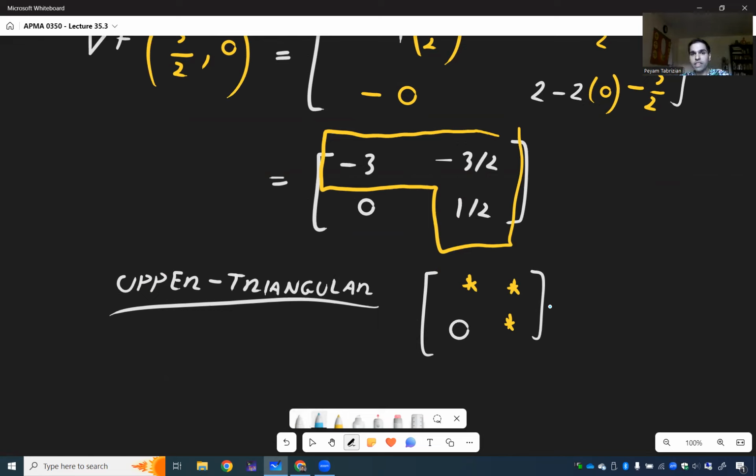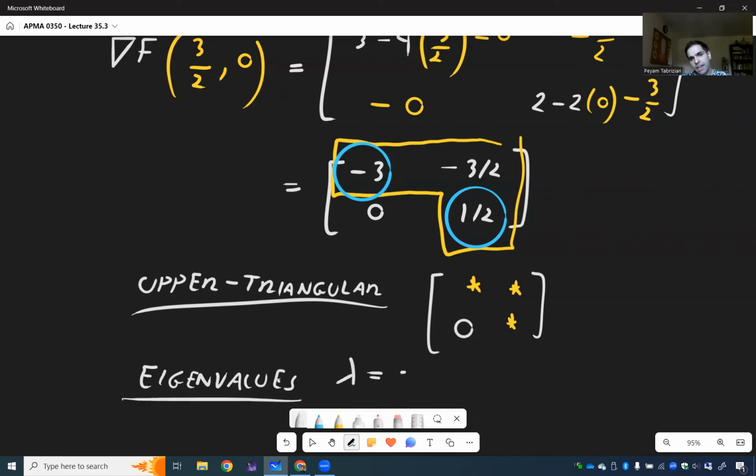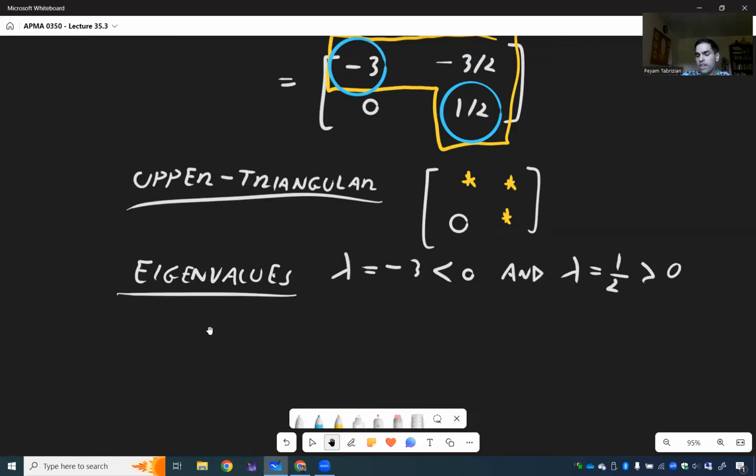And in that case, we can once again read off the eigenvalues. So the eigenvalues are lambda is -3, which is negative, and lambda is 1/2, which is positive. So (3/2, 0) is a saddle.